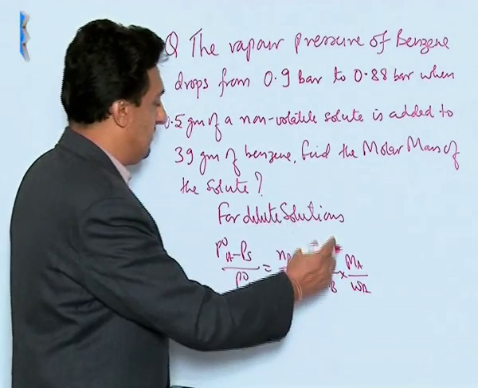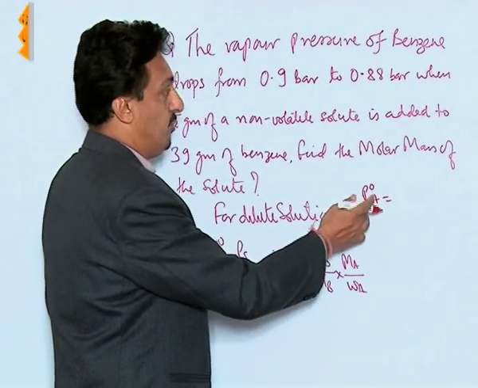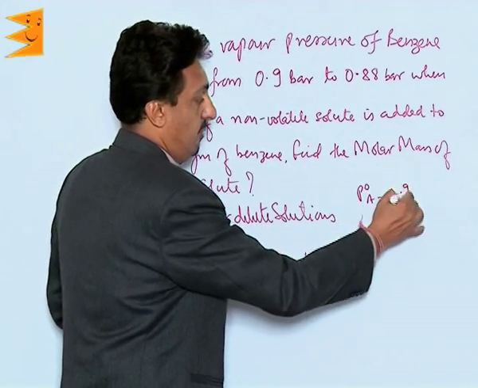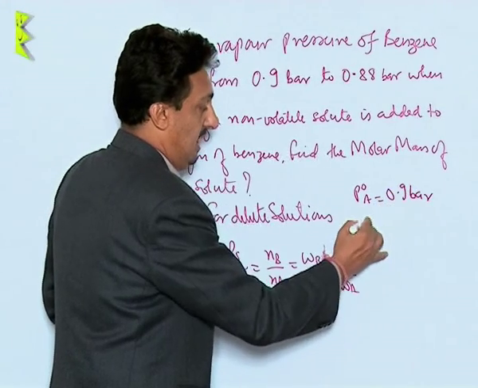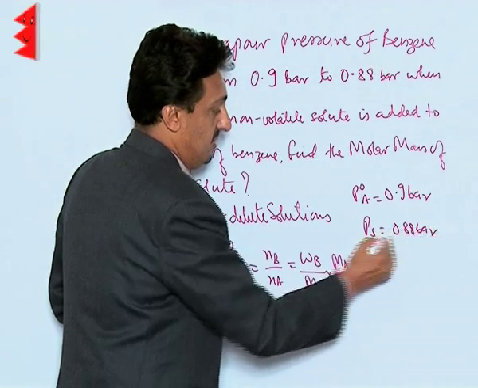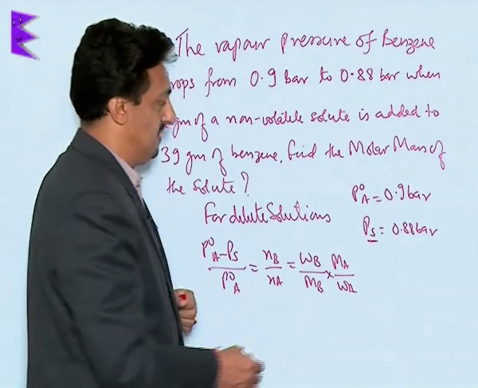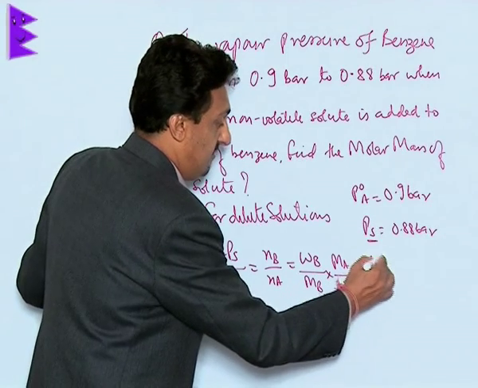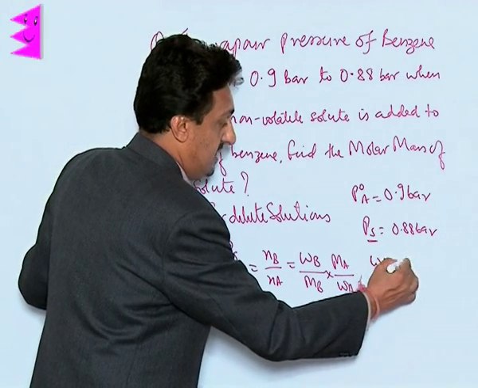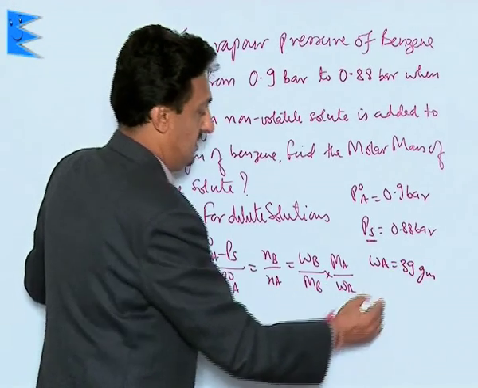Now from the given data we know that the vapor pressure of pure benzene was 0.9 bar. It drops to 0.88 bar when it forms a solution. So Ps is 0.88 bar, and the weight of the solvent is 39 grams as given here.